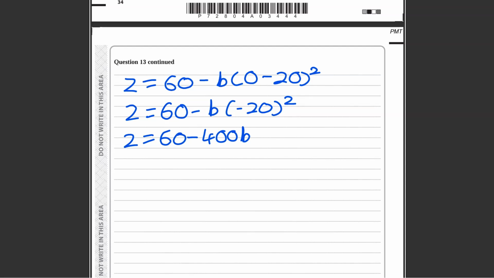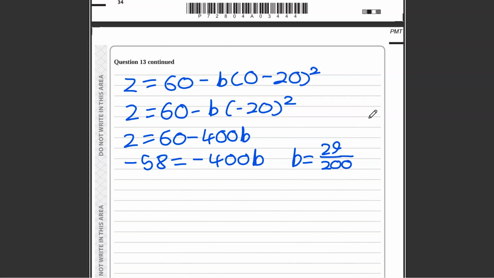If we bring the 60 onto the other side, so it's 2 minus 60, which is going to be minus 58, and this is equal to minus 400b, and then divide both sides by 400, so we get b is equal to 58 over 400, which is equal to 29 over 200.